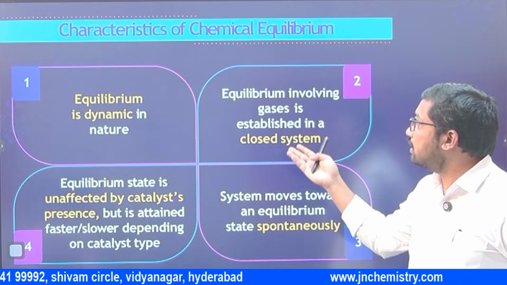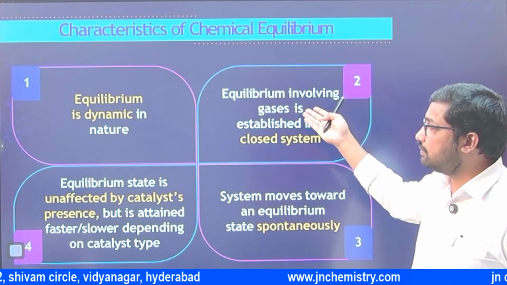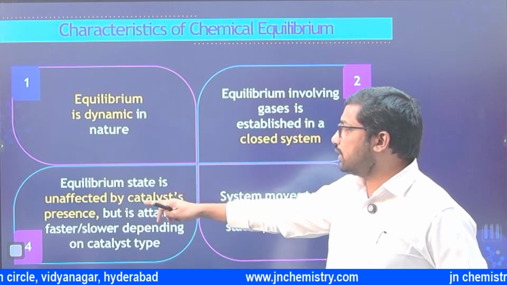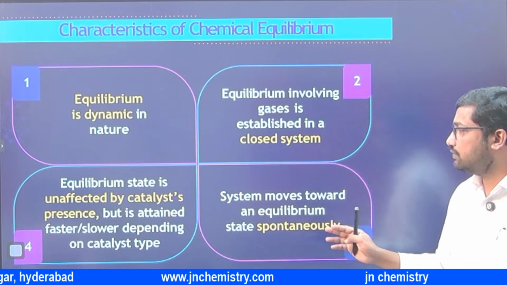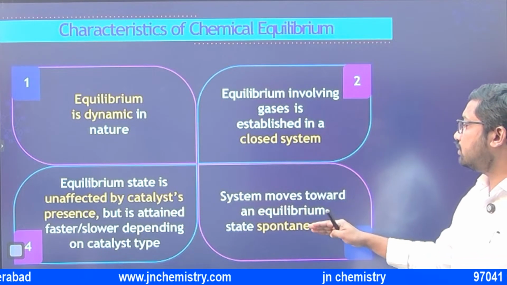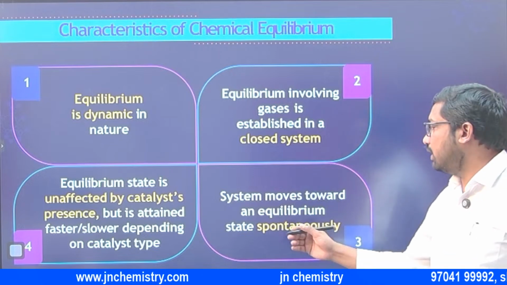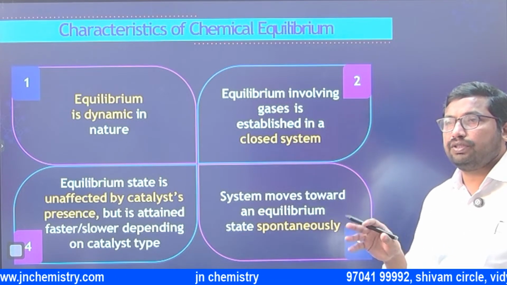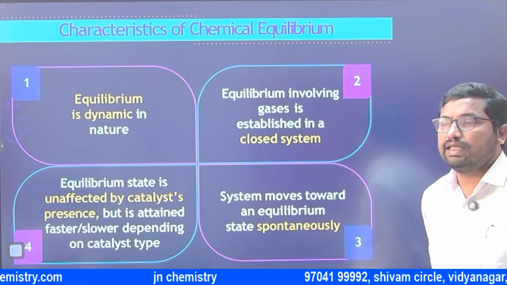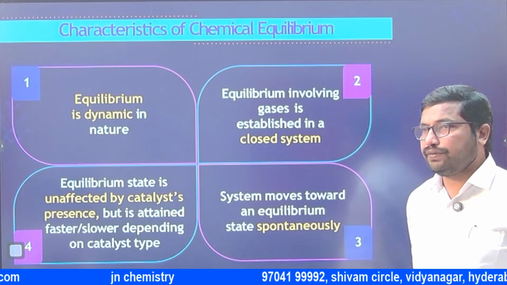That's why I already told you, reversible process. Equilibrium is unaffected by the catalyst. And the last one: system moves to equilibrium spontaneously. What does spontaneously mean? Without making any efforts. Delta G is negative.